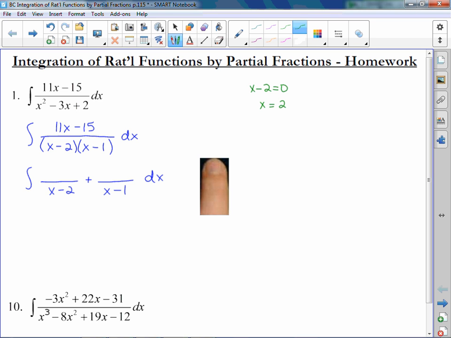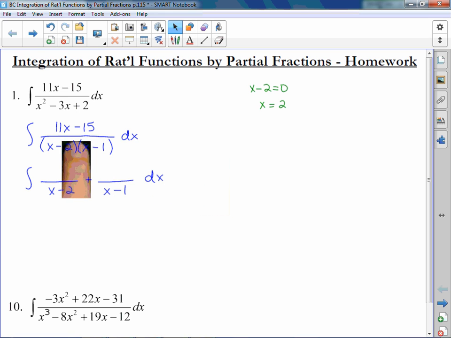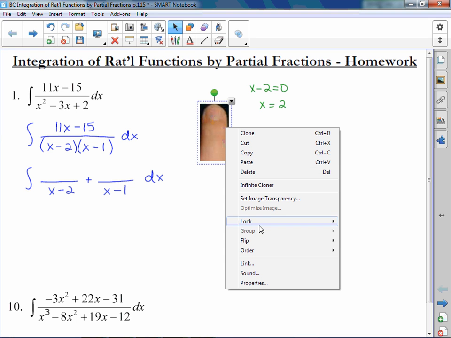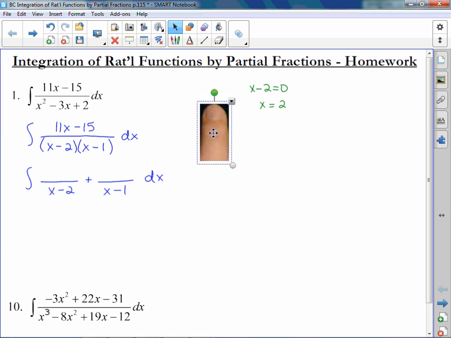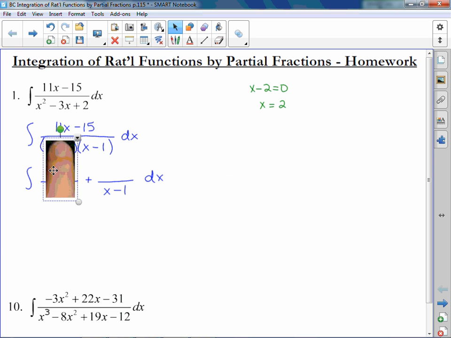So I'm going to take my finger and cover up the x minus 2 factor. First I have to make sure it's on top, so let's bring this to the front. Now I'm going to cover this up, and while that's covered with your finger, plug in x equals 2.